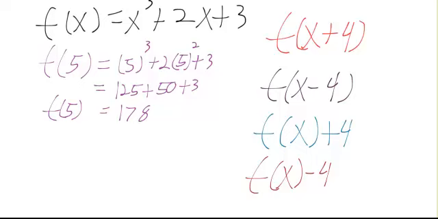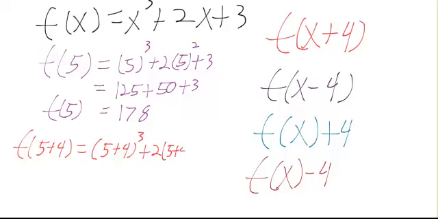So we look at f of 5 plus 4. We would have f of 5 plus 4, which would give me 5 plus 4 cubed plus 2 times 5 plus 4 squared plus 3.